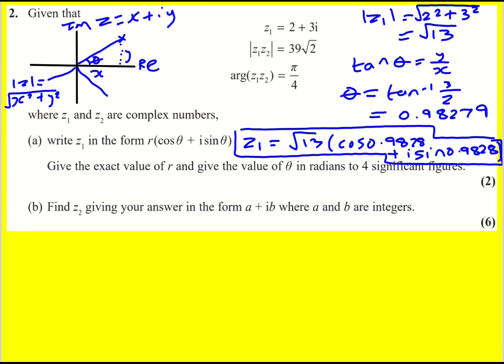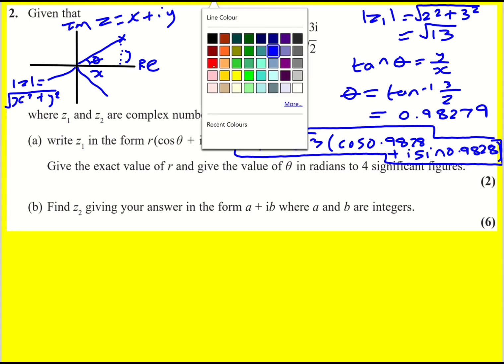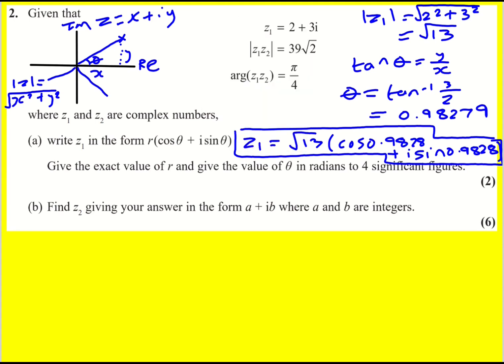So now for the next part, find z2. There's a couple of ideas that we can use. The modulus of z2 is simply going to be the modulus of z1 z2 over the modulus of z1. And we know both of these: 39 root 2 over root 13.